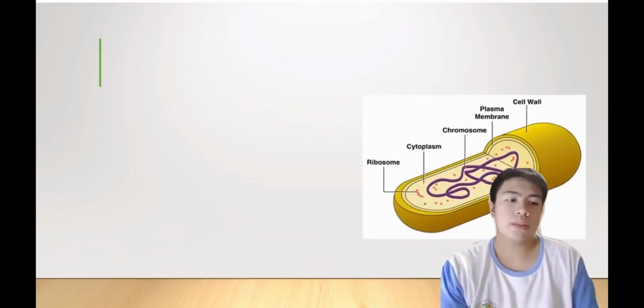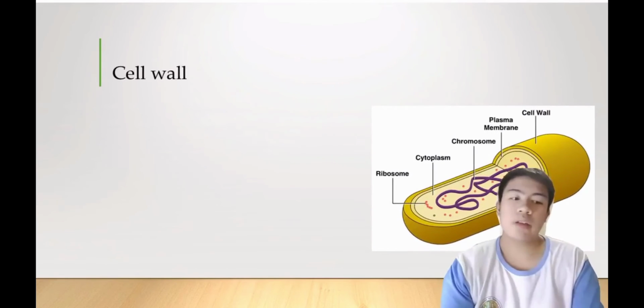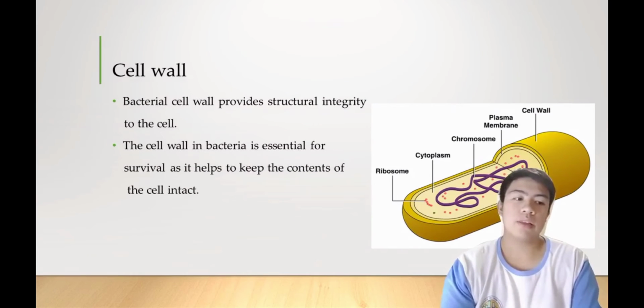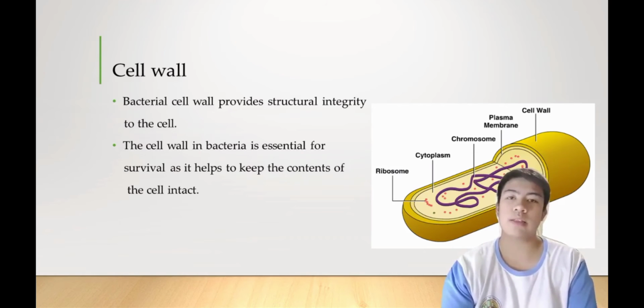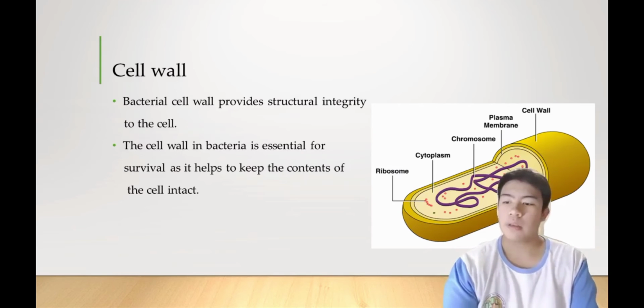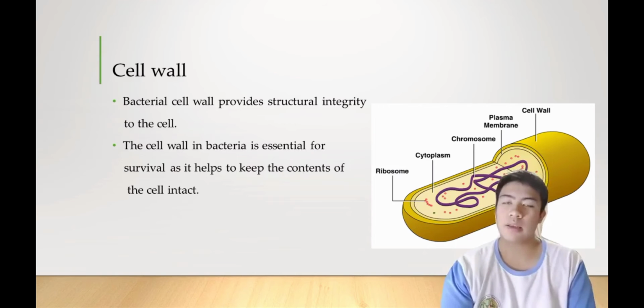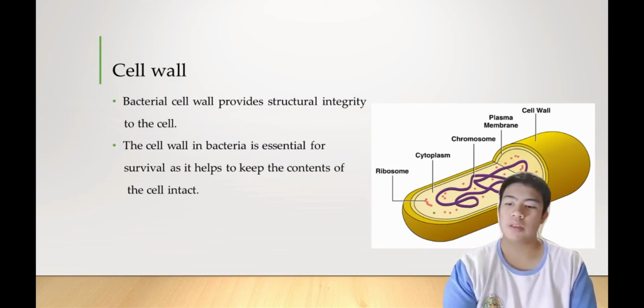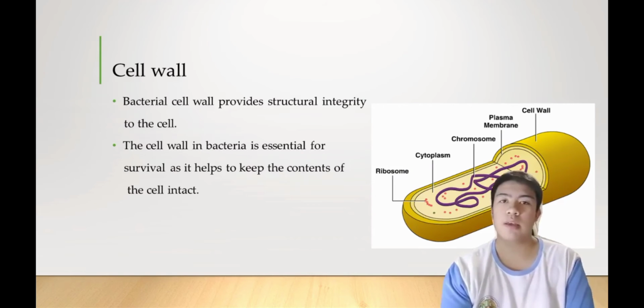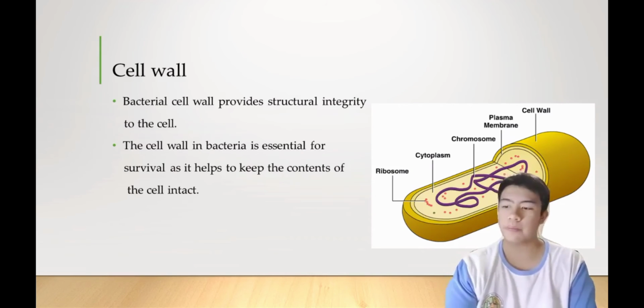Number 2. Cell wall. The bacterial cell wall provides structural integrity to the cell. The cell wall in bacteria is essential for survival as it helps to keep the contents of the cell intact. So the main function of this is to strengthen the cell, and it helps to maintain the cell shape, which is important for how the cell will grow, reproduce, and obtain nutrients, and also for movement.